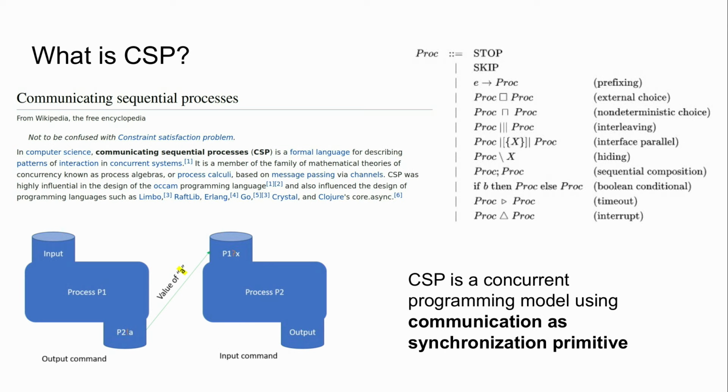Okay, so you basically communicate between threads using a channel. So one thread writes on a channel, okay, this is my result, now you are ready to run, and then the other thread takes that result from the channel and knows that, okay, now it's my turn to do something. So the only synchronization primitive is communication.